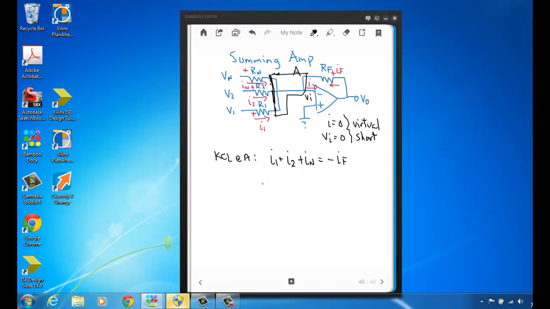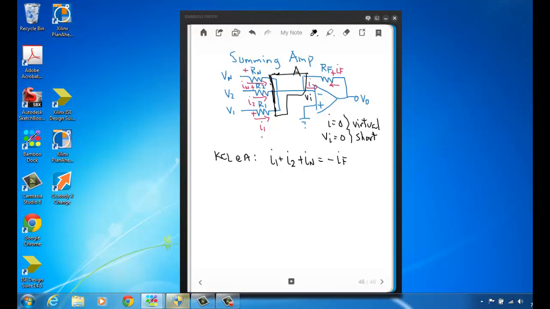So I1, now just like in the inverting amplifier case, because the non-inverting input is grounded, and remember we have 0 volts at ground, and because VI, the voltage across the inputs of the op amp, is also ideally 0, which means that voltage is the same on both sides. So the non-inverting input is grounded, there's 0 volts across the inputs, which means the inverting input is also grounded, and that's where node A is.